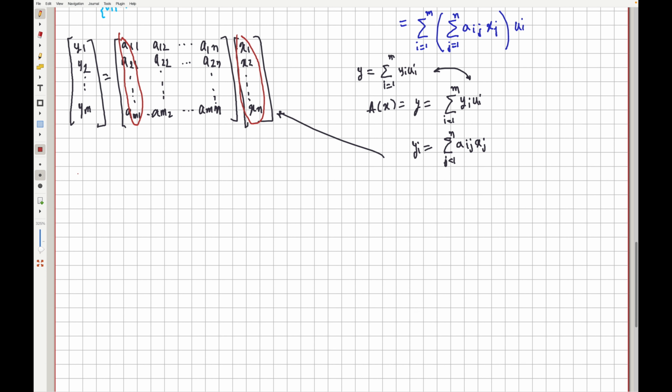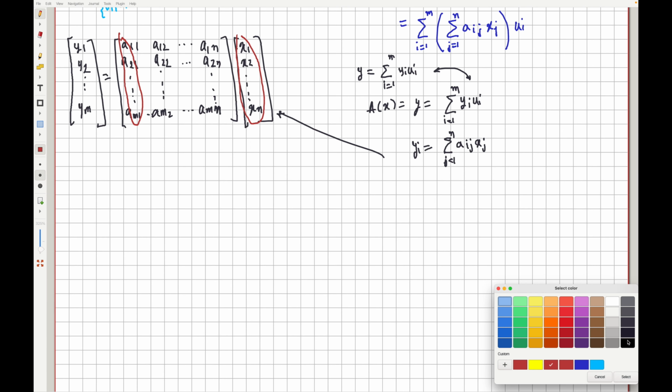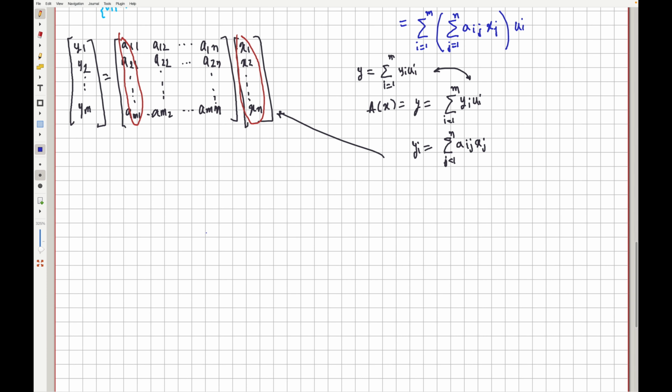Now let's look at an example, which is the rotation example. Here we can write the standard basis: S1 is equal to (1, 0), S2 is equal to (0, 1). Now let's rotate S1 first.